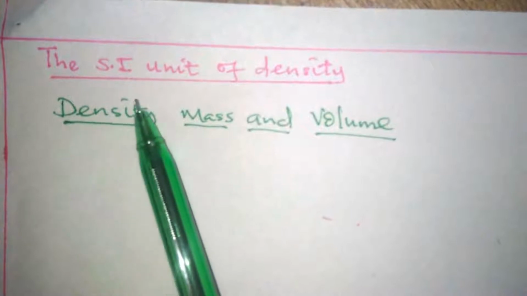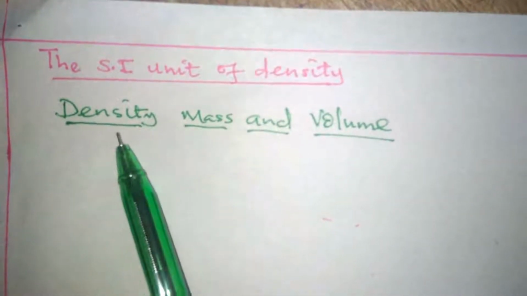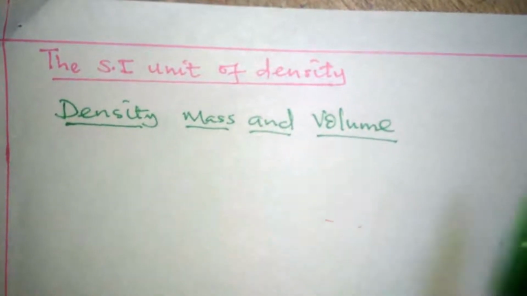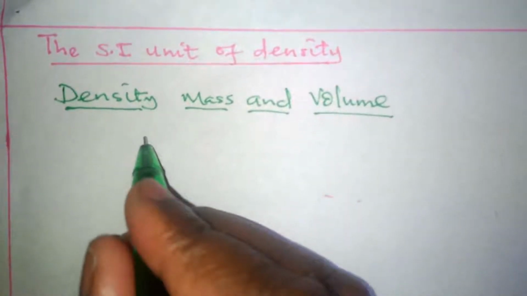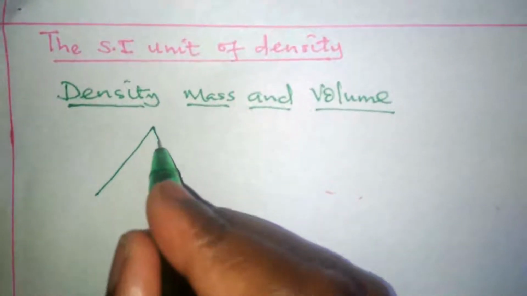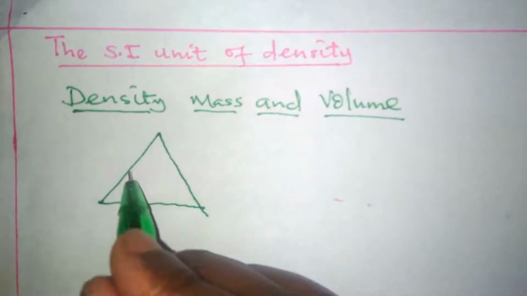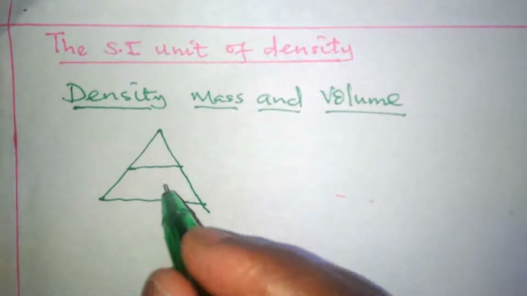Now, since I'm talking about the SI unit of density, it is in order that we discuss density in relation to mass and volume. Let's remind ourselves the formula that we wrote last time, using the formula triangle.